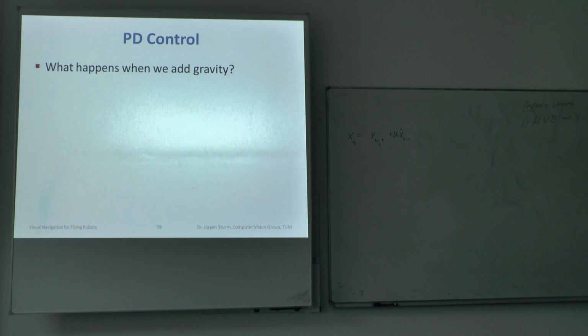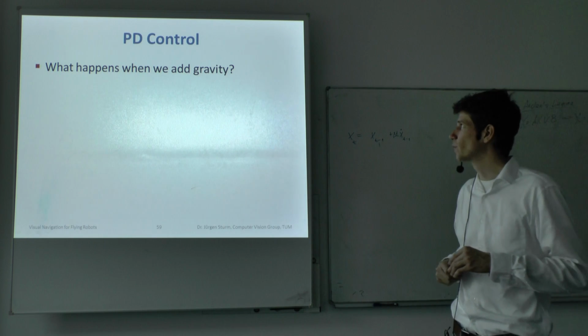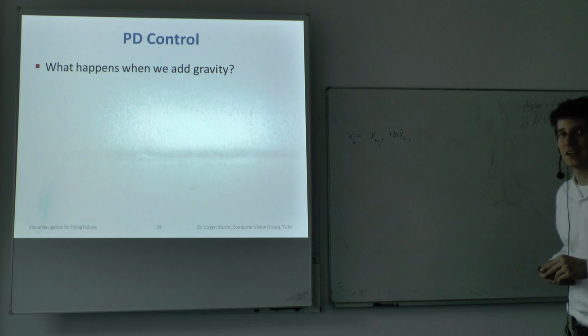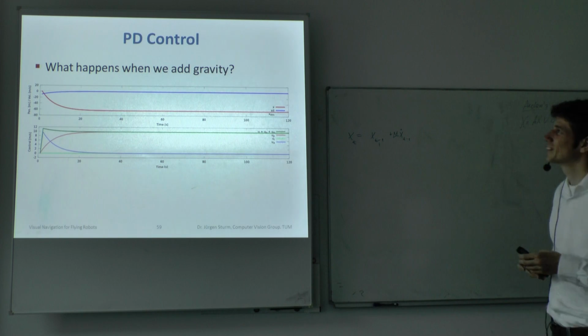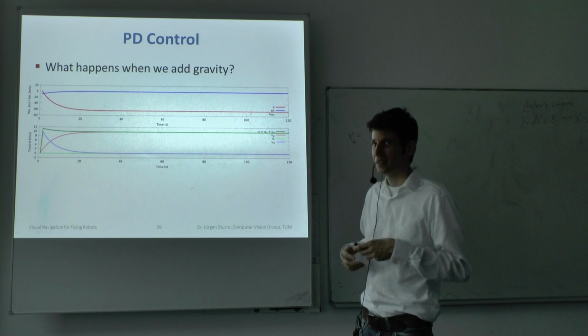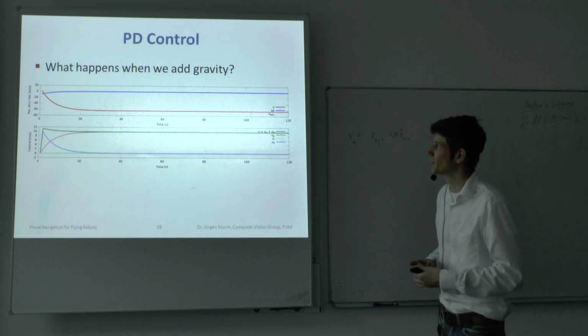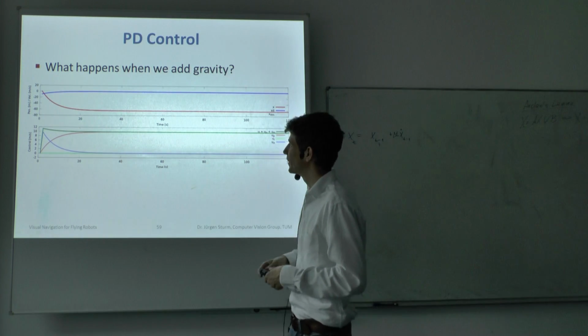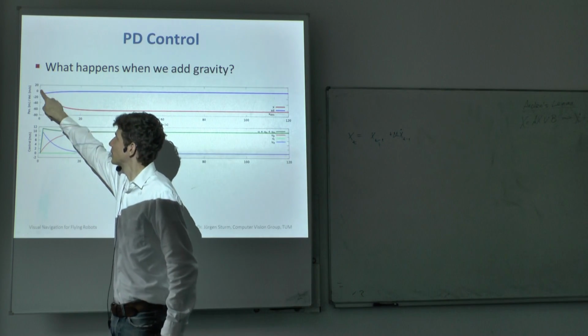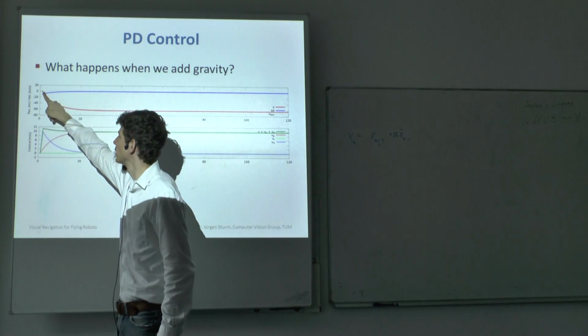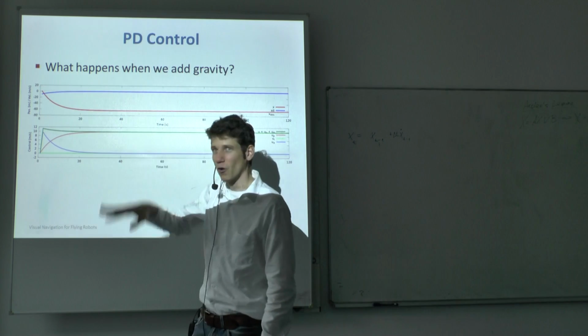Good. So now consider additionally, our body is not floating anymore in outer space, but now on Earth, and this means that next to the force that we apply, there will also be a gravitational force that will pull the body down, and this will mean that we don't reach our goal location of 1 meter, but it will actually drop very far.